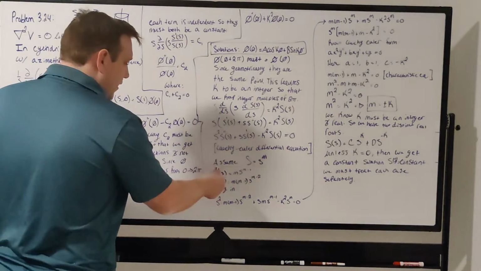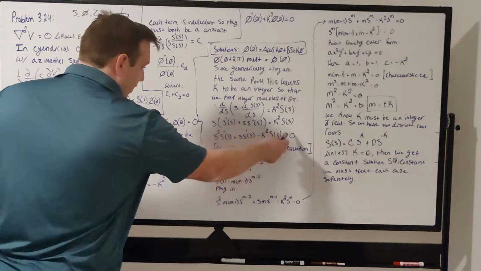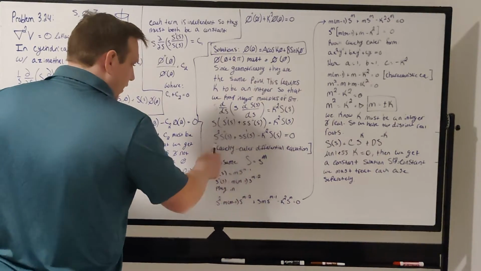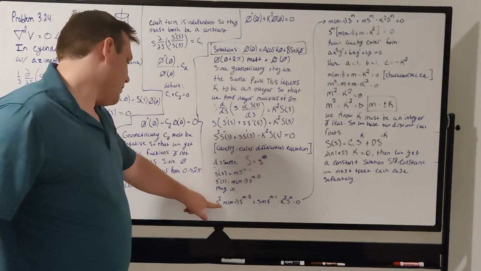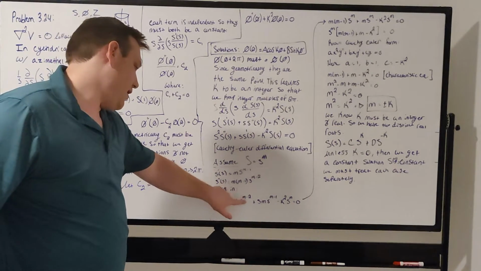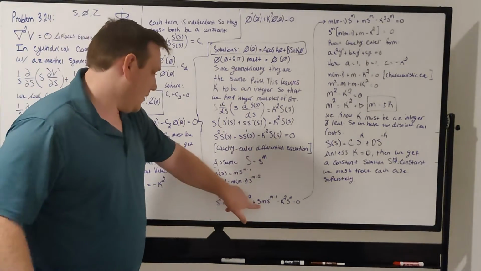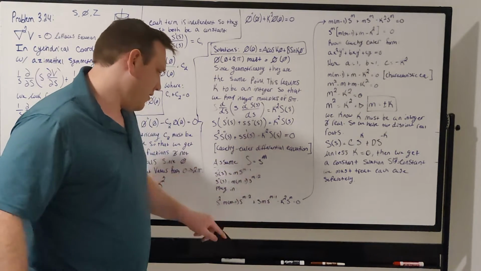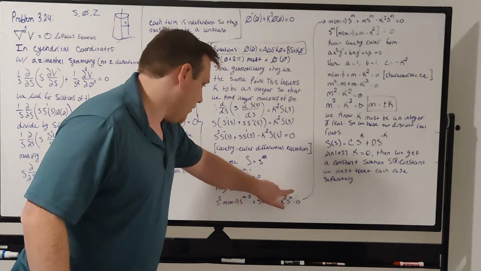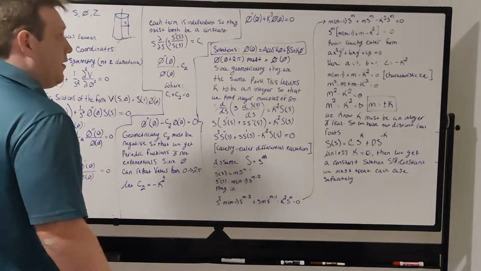And so that's just getting each term, because we're going to have to plug it in. Plugging everything back into the equation, we get s squared times m times m minus 1 times s to the m minus 2, plus s times m times s to the m minus 1, minus k squared s to the m equals 0.